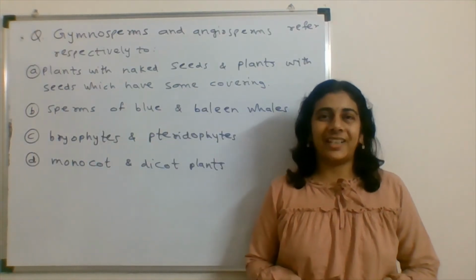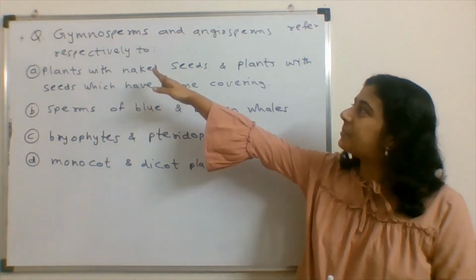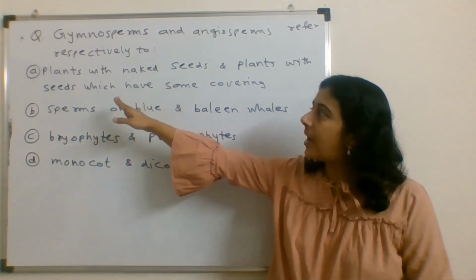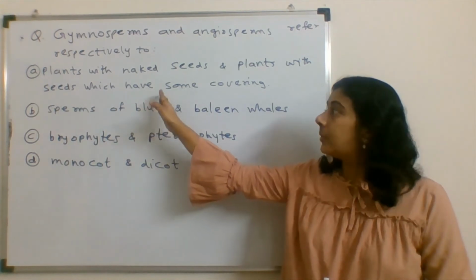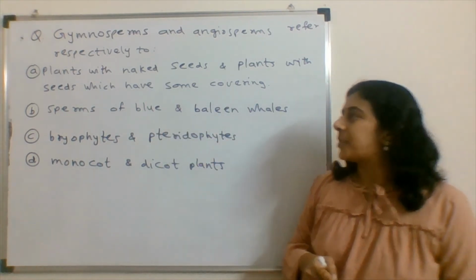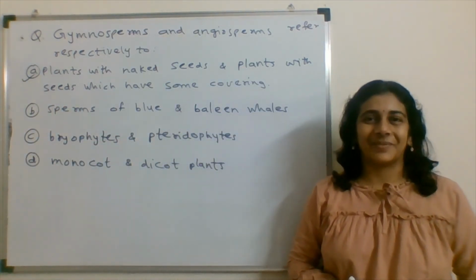So what we find is the answer is option A: gymnosperms and angiosperms refer respectively to plants with naked seeds and plants with seeds which have some covering. So this is option A, the correct answer for the question.